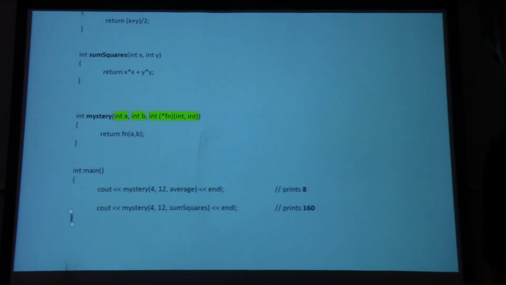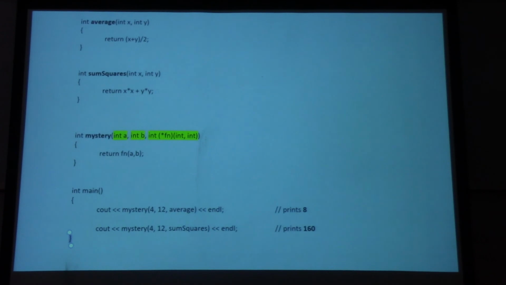Notice no ampersand, but I am using the name of the function without parentheses, and that means pointer. So what type is average? It's a pointer to functions with this signature. What's sum of squares? It's a pointer to functions with the same signature. So these two are very good type matches for fn.